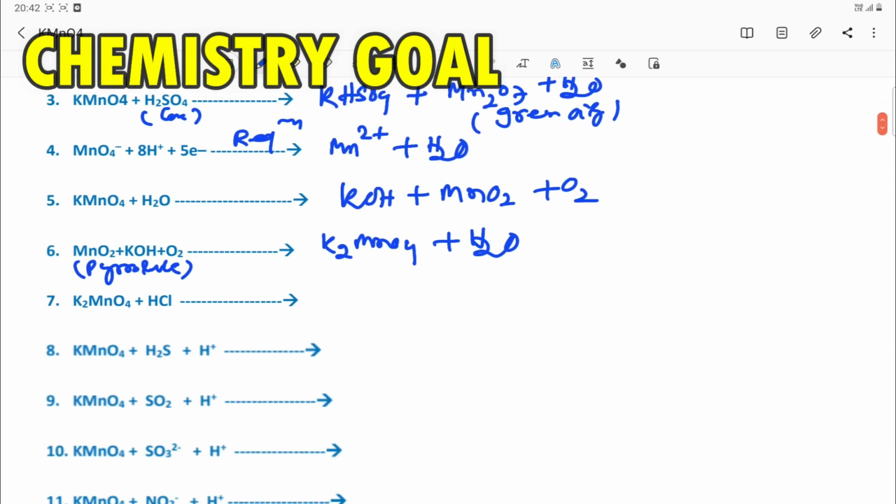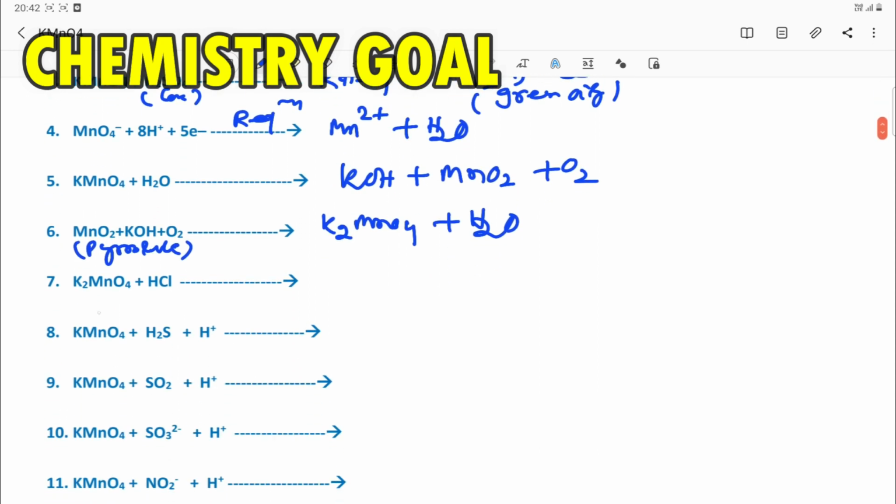Okay. Similarly, potassium manganate in hydrochloric acid, we already know these reactions: potassium manganate in acidic medium converts to potassium chloride, manganese chloride, chlorine and water.